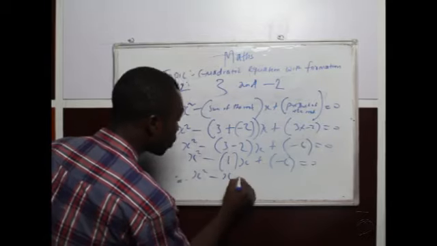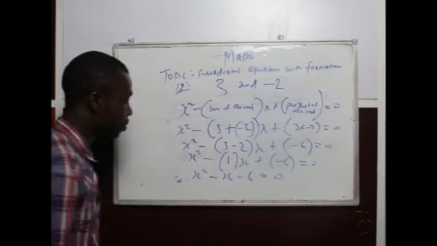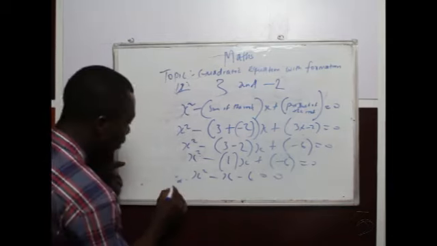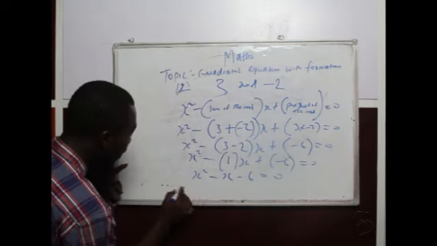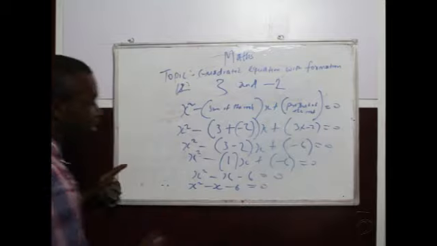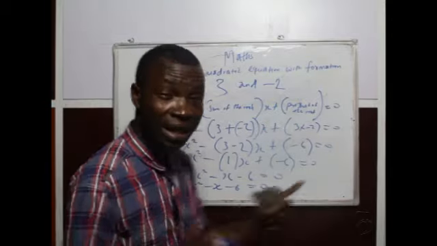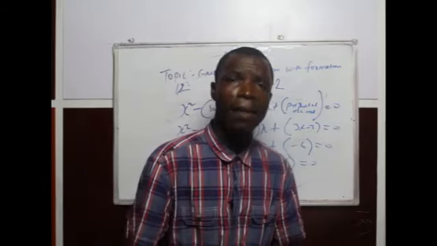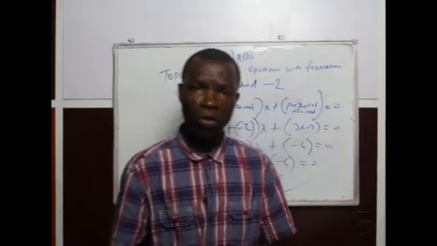Plus times minus will give us minus 6, equal to 0. Therefore, the answer to our equation is x squared minus x minus 6 is equal to 0. This has satisfied a quadratic equation from the given roots, where we have 3 and minus 2 as the roots of the equation.